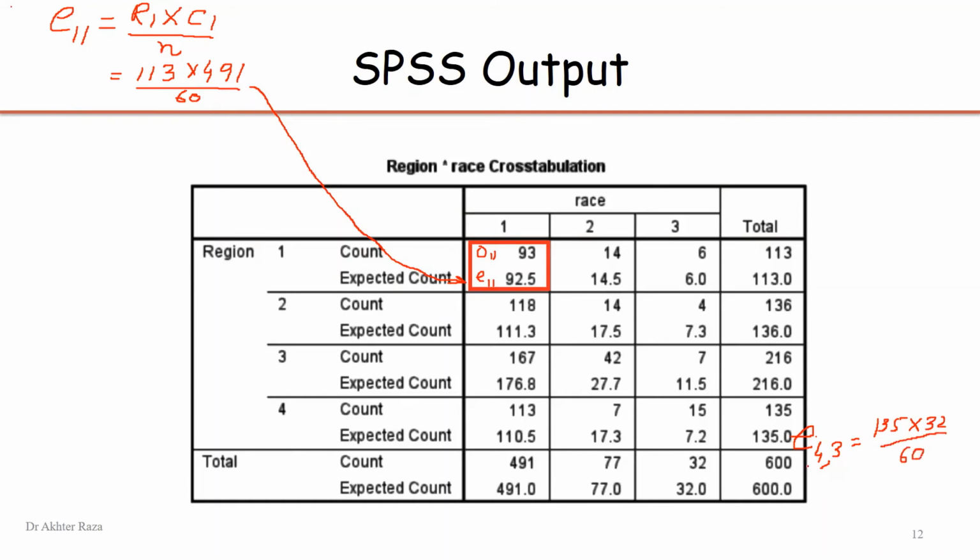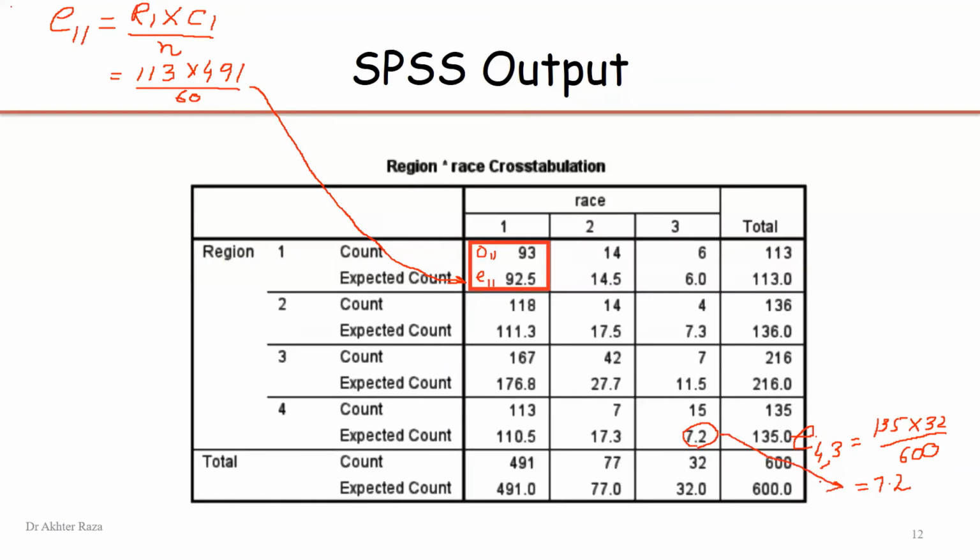This number is computed as 7.2. So 7.2 is the expected count, and this 7.2 is here, computed by this formula.